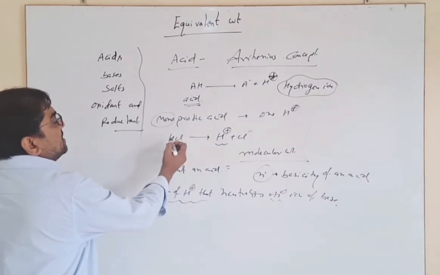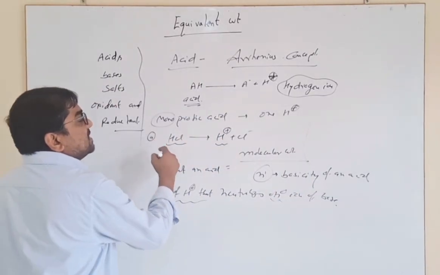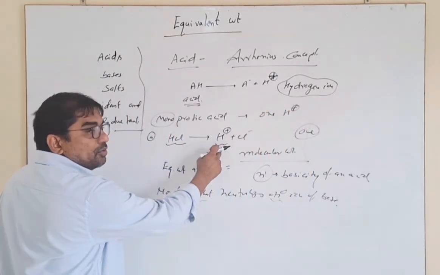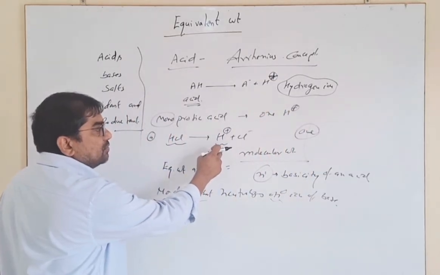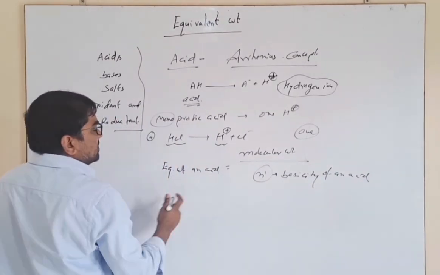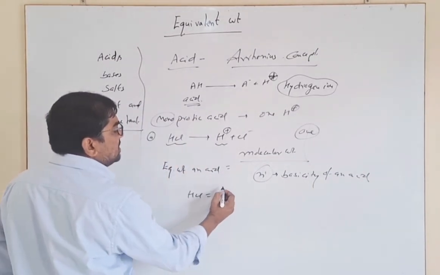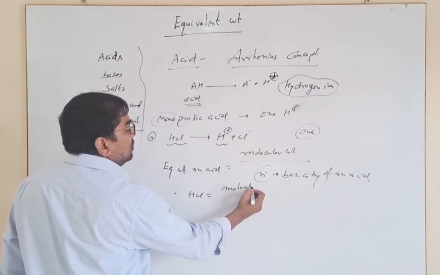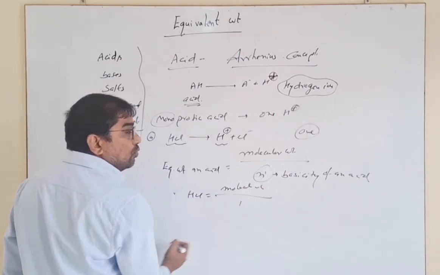So here the basicity of HCl is 1. Why? Because one proton, one H plus hydrogen ion is released. So the equivalent weight of HCl will be molecular weight divided by 1.